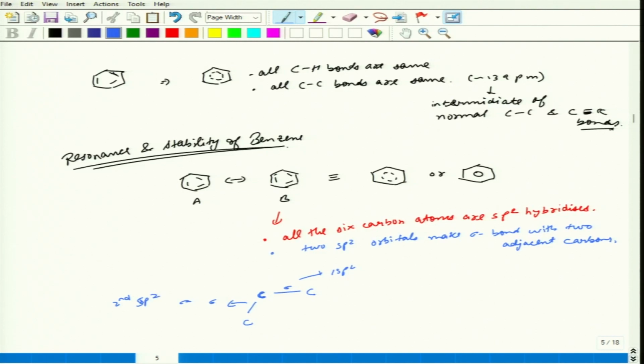In total there are 3 sp2 hybridized orbitals, and it makes one sigma bond with H using the third sp2 hybridized orbital.